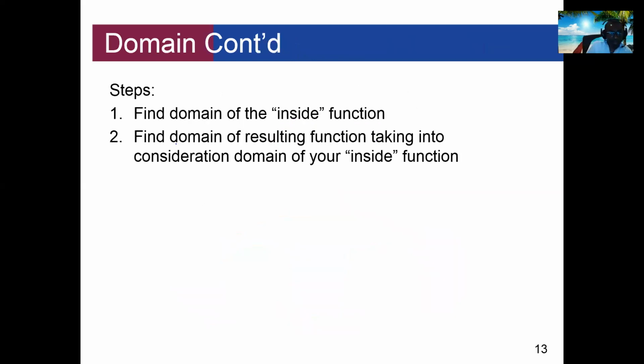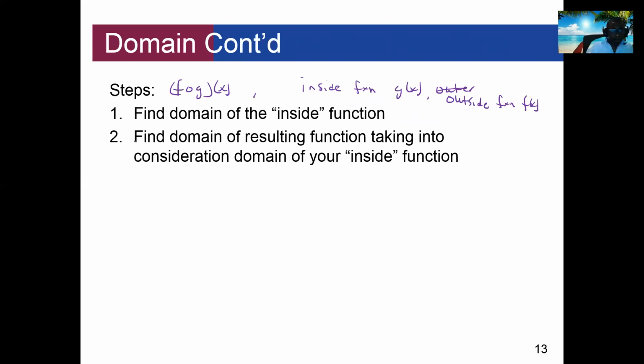Now I can put this in some steps for you. This is for f composed with g. The inside function is my g of x, and the outside function, let's be consistent with that, will be your f of x.